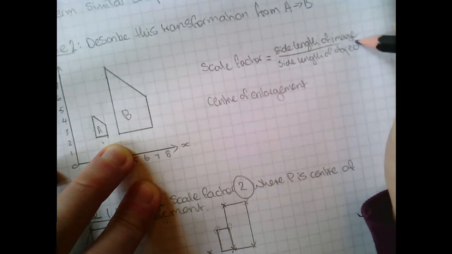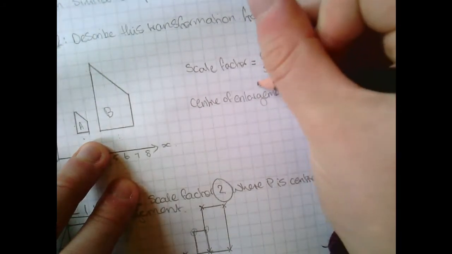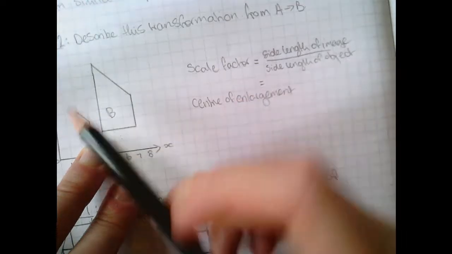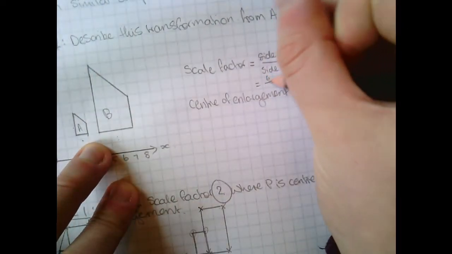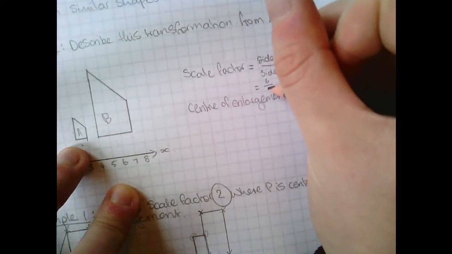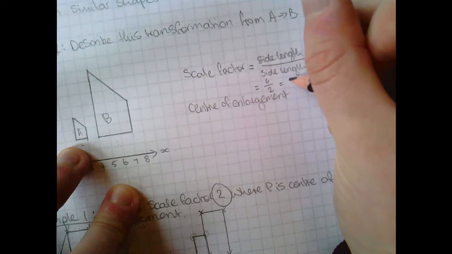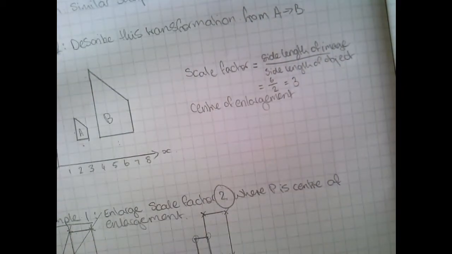That's just asking how many times bigger is your image than your object. How many times bigger or smaller? So side length of the image, that was 6 for this one, and side length of the object, that was 2 for this one. So our scale factor has to be 3. So 6 divided by 2 is 3.